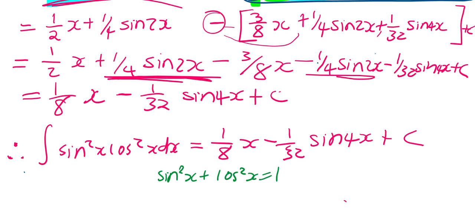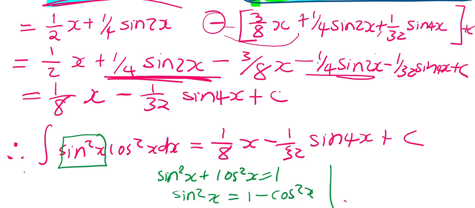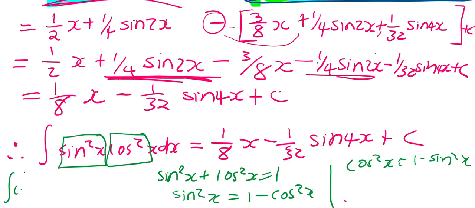Meaning that if you decide to replace this one over here, you replace it with sine squared x is equals to 1 minus cos squared x. But if you decide to replace this one, you replace it with cos squared x is equal to 1 minus sine squared x. Now, because there's a product of sine and cos, you do not start with those identities that we learned if there's a single term of cos squared x dx or a single term of sine squared x dx.